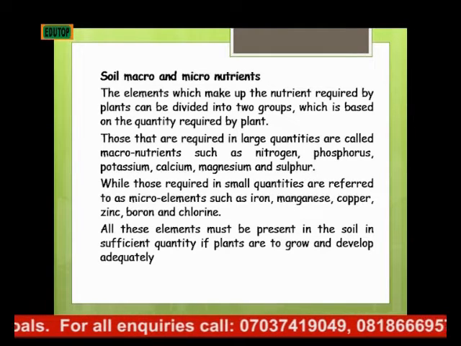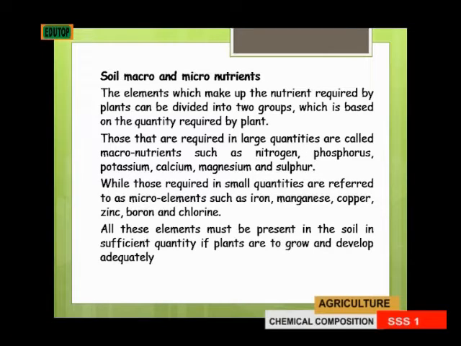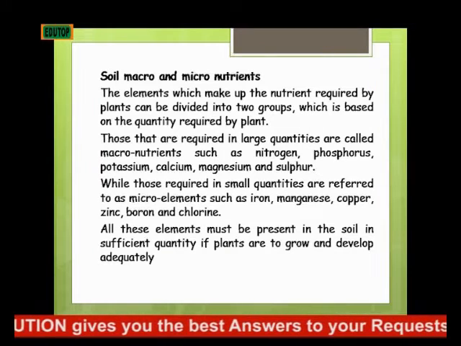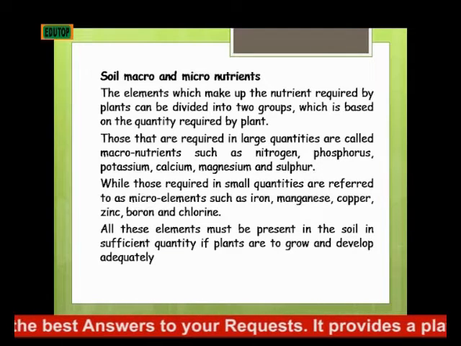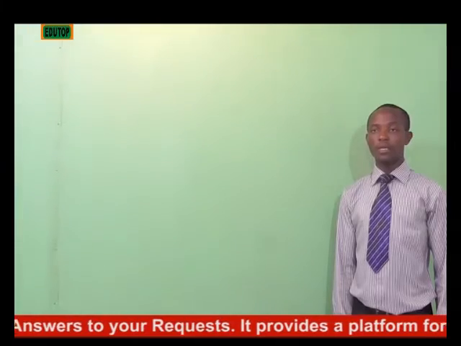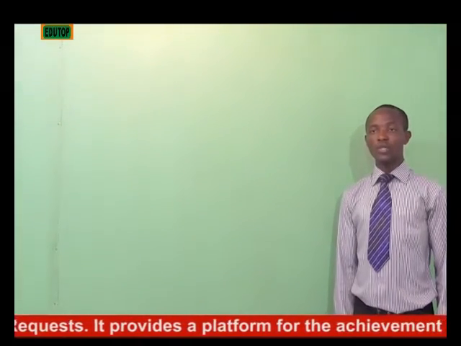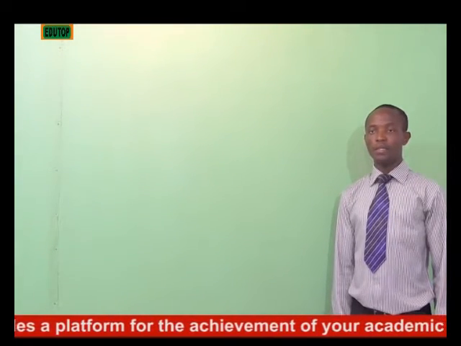That is, nutrients that are required in large quantity are being referred to as macronutrients, such as nitrogen, phosphorus, potassium, calcium, magnesium, and sulfur. All these minerals are required in large quantity, while those required in small quantities are referred to as micro elements.